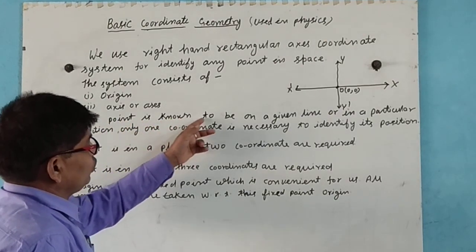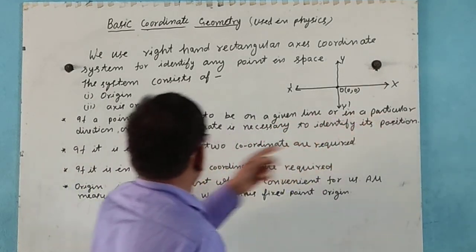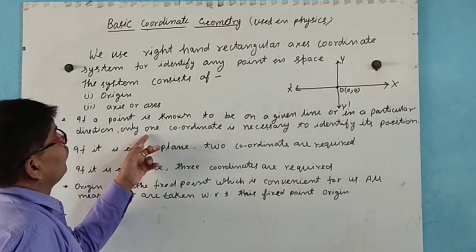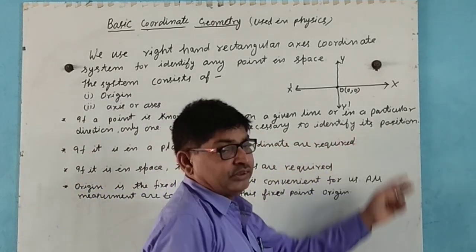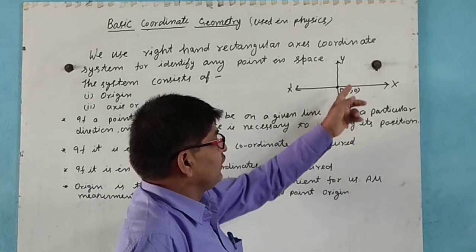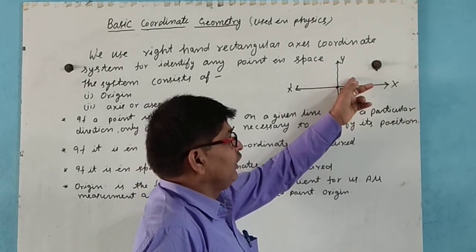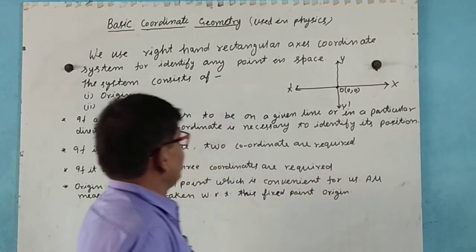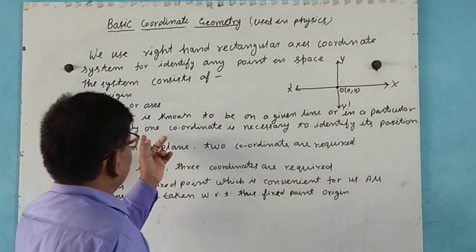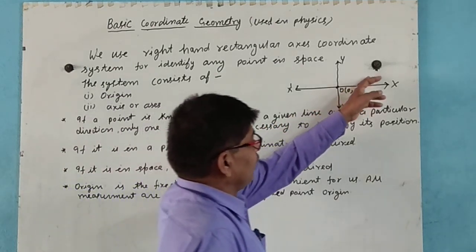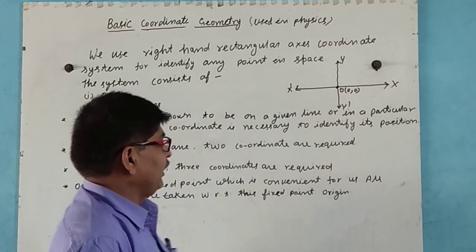Now if a point is known to be on a given line or in a particular direction, only one coordinate is necessary to identify its position. It means that if we move in any one direction, only one coordinate is applied.